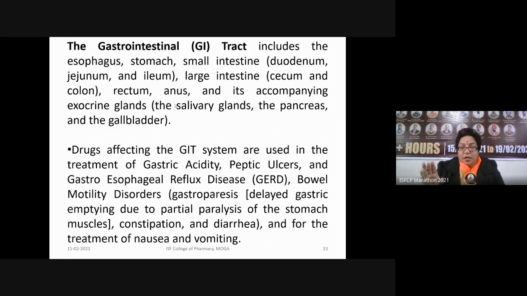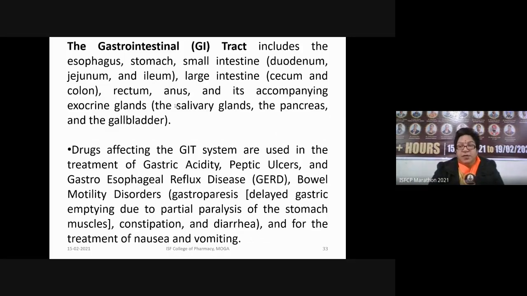Now drugs affecting the GIT system are used in the treatment of gastric acidity, if there is more acid, peptic ulcers, and gastroesophageal reflux disease, also called GERD. Bowel motility disorders, like if the peristalsis is not there or the bowel motility is not proper, gastroparesis, and delayed gastric emptying due to partial paralysis of the stomach muscles.